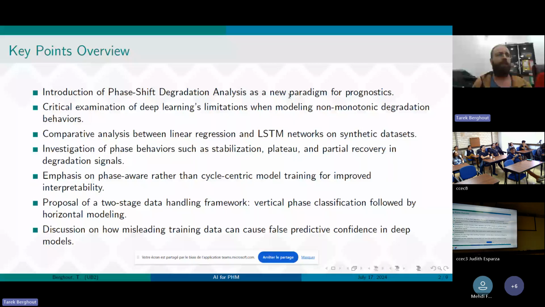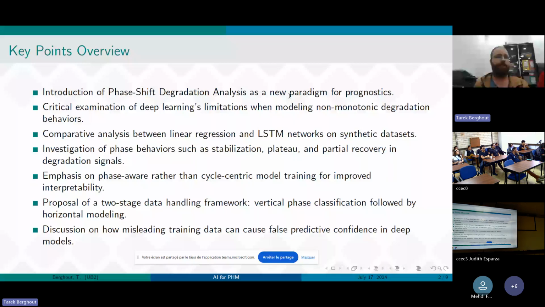We also made a comparative analysis between machine learning, meaning small-scale mathematical models or training models, and deep learning models. We use the tool LSTM, long short-term memory, which is very well known in deep learning for time sequential analysis.